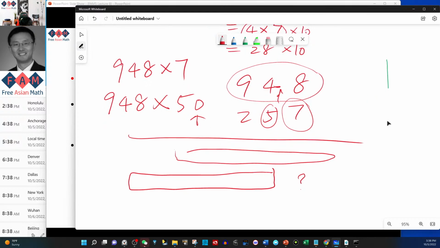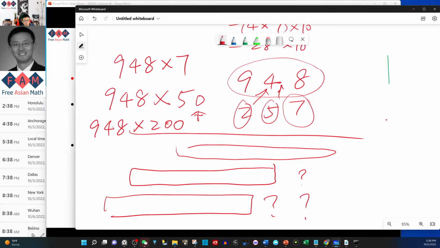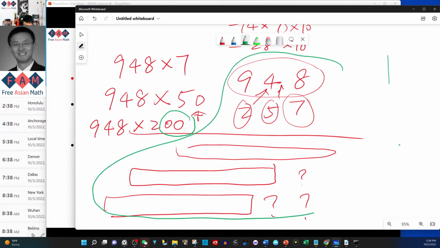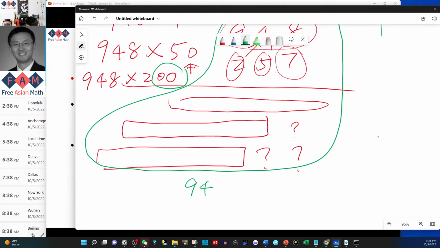The same goes for the next digit. When we do 2 times 948, we were effectively doing 948 times 200. But we shifted further by 1, so we left 2 empty spaces there, which are actually 0, 0. So that's rows with zeros. So what were we doing with this whole vertical algorithm? We are doing 948 times 7 plus 948 times 50 plus 948 times 200.